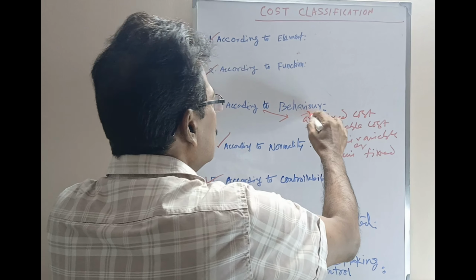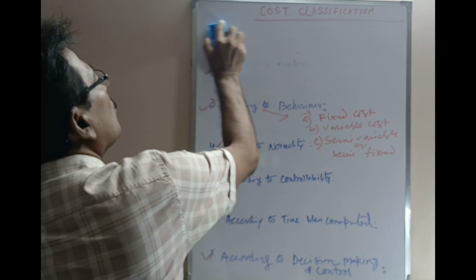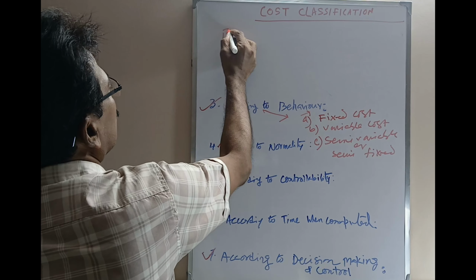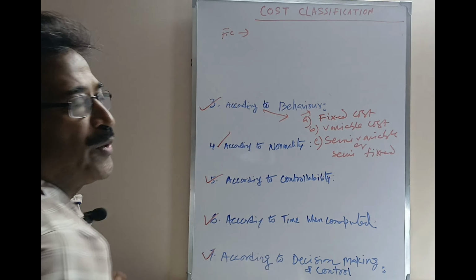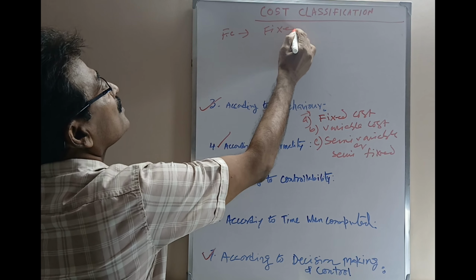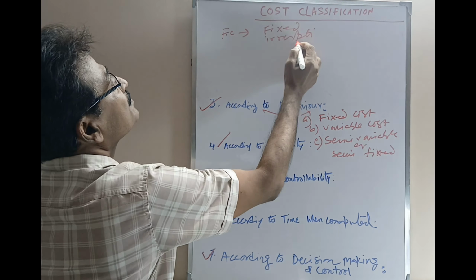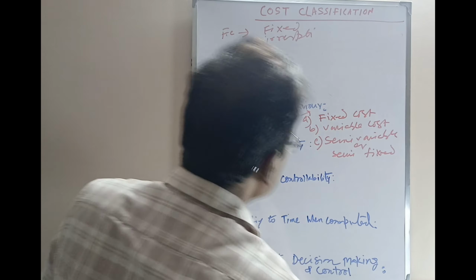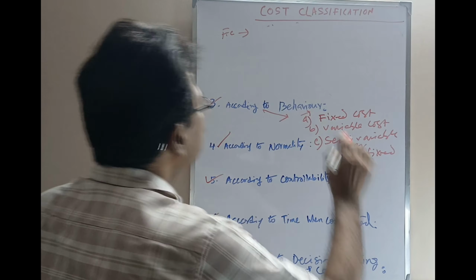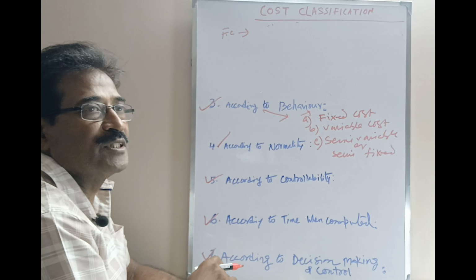What is fixed cost? Fixed costs are those costs which remain fixed irrespective of level of activity or level of production.